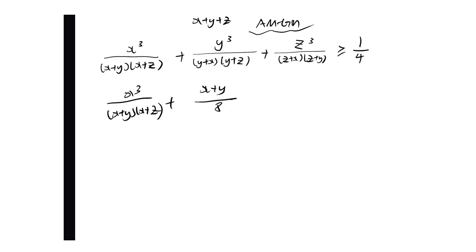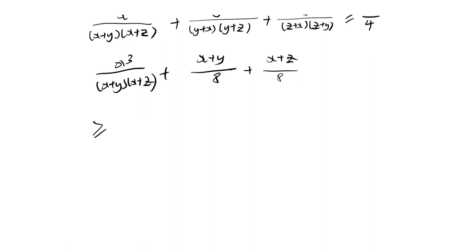We know these denominators look very annoying, and we want to use AM-GM to cancel them out. This will be simply larger or equal to 3 times the cube root of x cubed over 64, which is simply equal to 3x over 4.